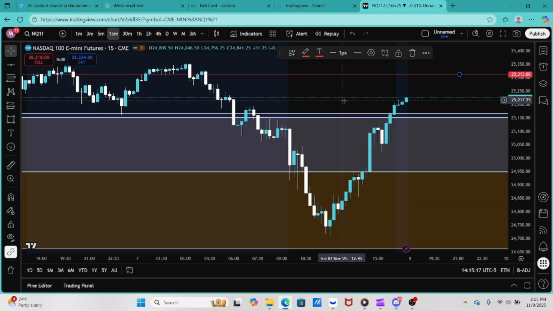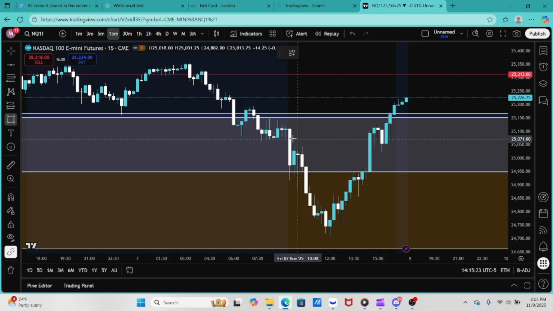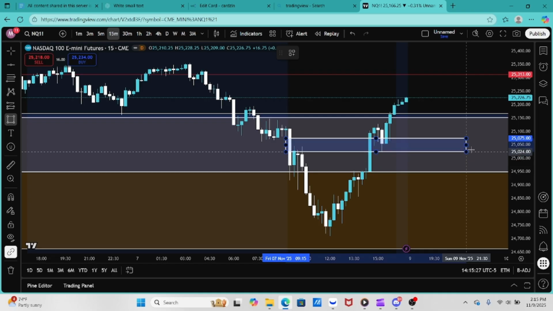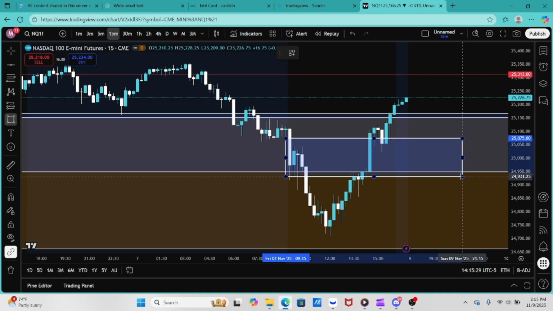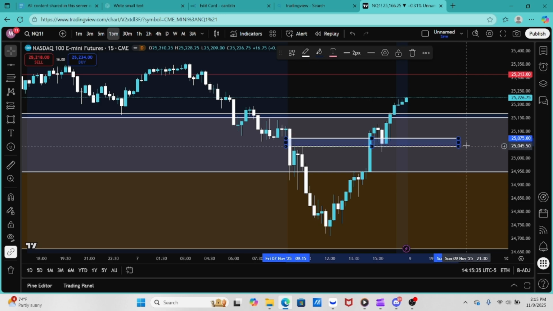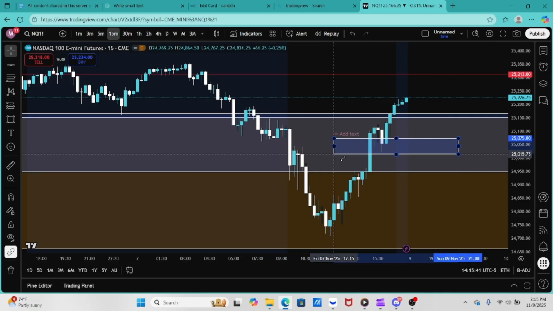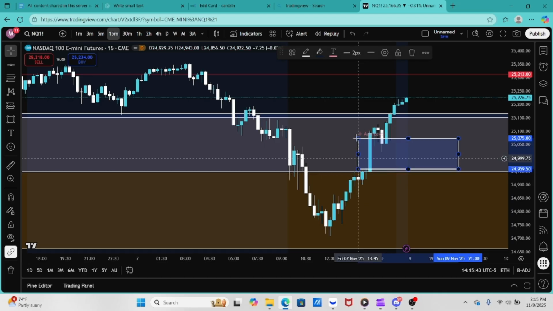Let's go down to the 15 minute. And even on this 15 minute, look at this. We inversed the gap and the order block, above the halfway point of the order block. Closed basically above the halfway point of the gap. Came down below it. And then we have this fair value gap right here that we rebalanced into.